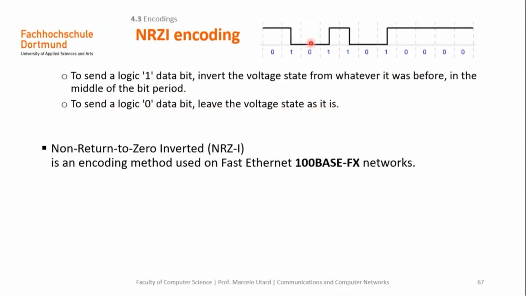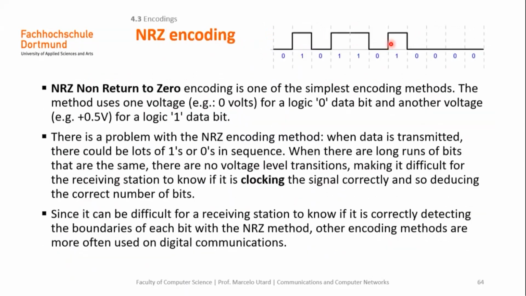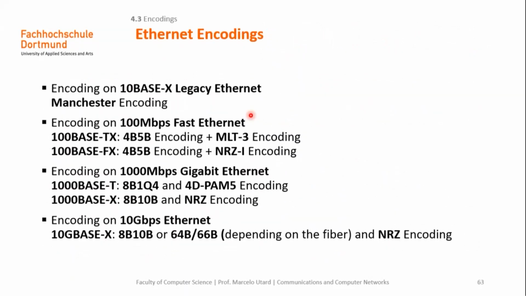Non-return to zero inverted is an encoding method used on Fast Ethernet 100BASE-FX networks. We typically use this encoding combined with another encoding that we will see now, that is the 4B/5B encoding.